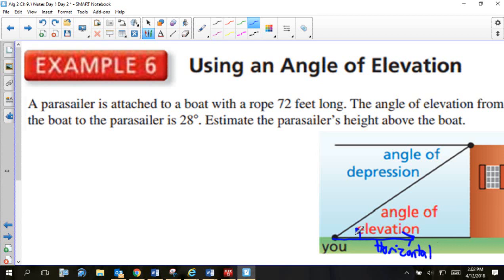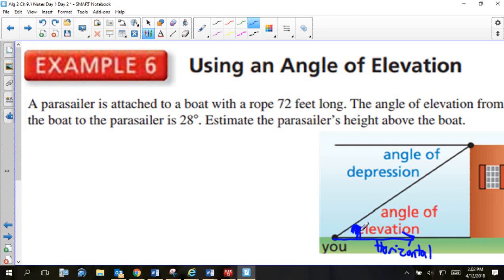And then it goes up. Angle of elevation starts horizontal, goes up. Angle of depression starts horizontal. One arm goes down.